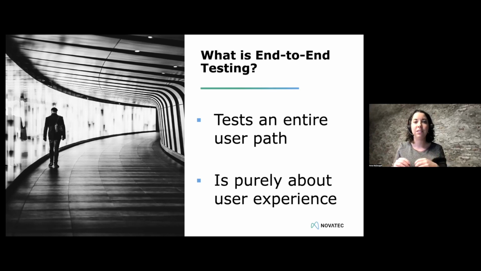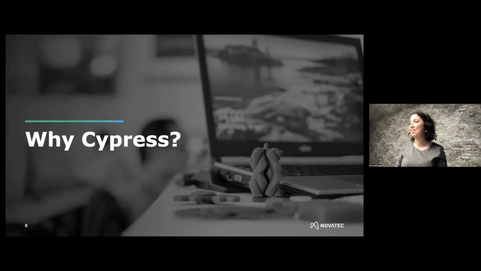Something along those lines. Inside of that, of course, there are lots of different units and lots of different functions running behind the scenes, but that's not what we're worried about here. What we're worried about here is, what is the user experiencing, and is it what they expect? So why would we use Cypress to do this?